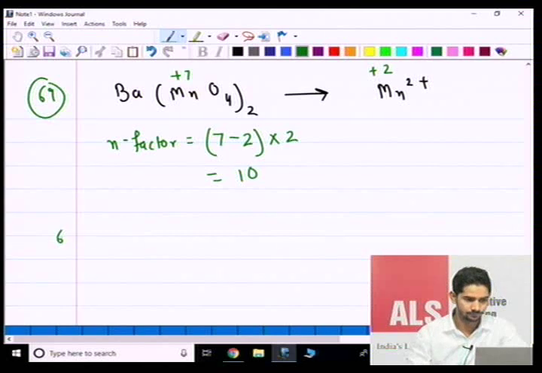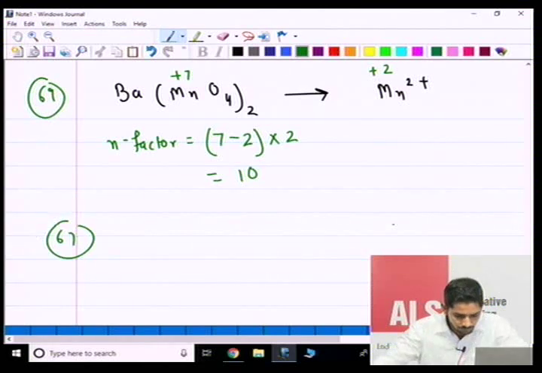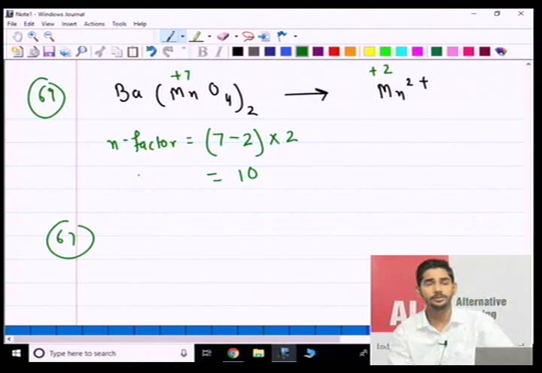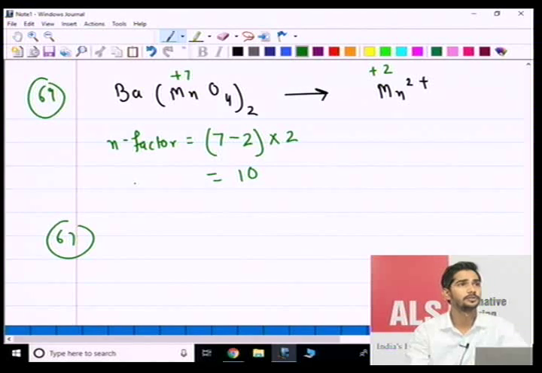67. Equivalent weight of this one as reductant in the reaction. First of all, tell me, is question number 67 clear to you? The student who has got doubt?